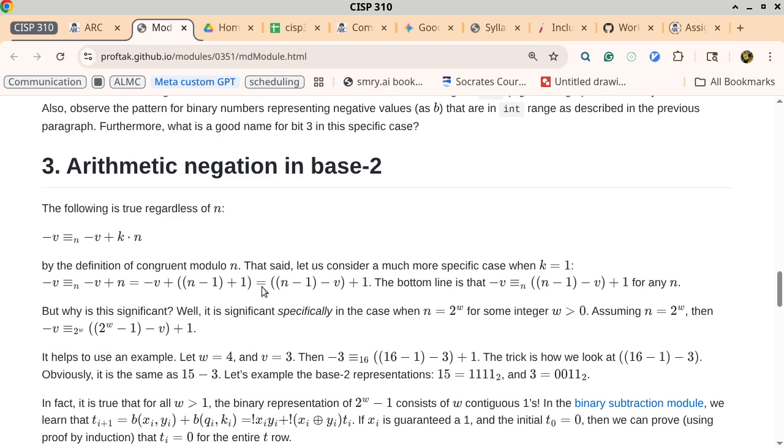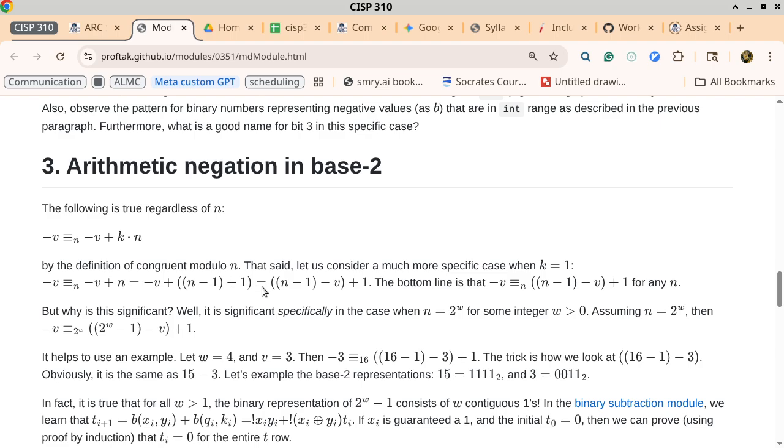It is interesting because n itself is a power of 2, and then we look at a power of 2 minus 1. So the question is, what is so special about a power of 2 minus 1? The key is, what does it look like as a binary number? That's what we want to look at.